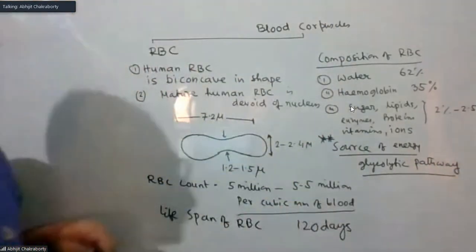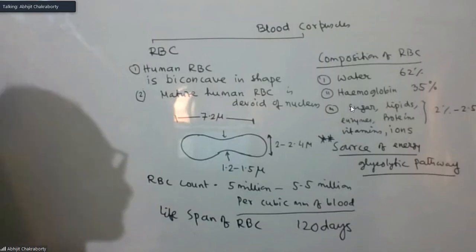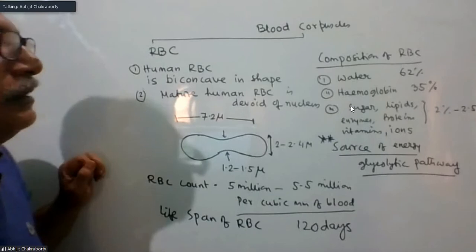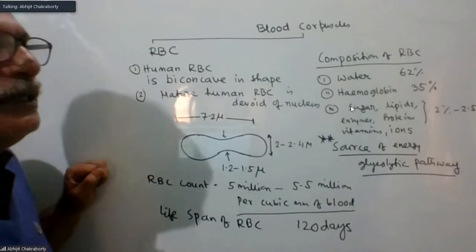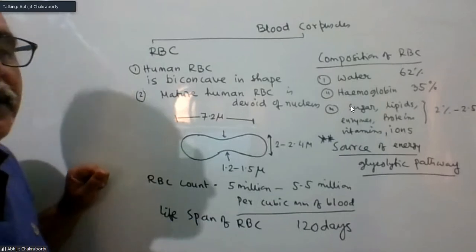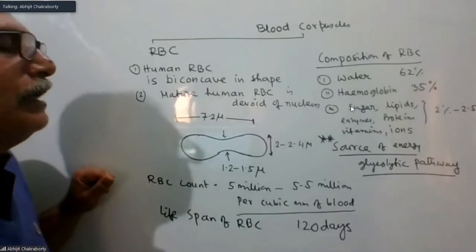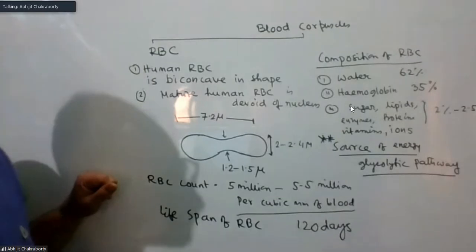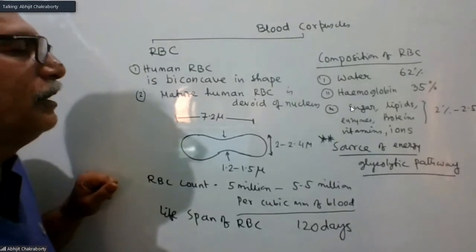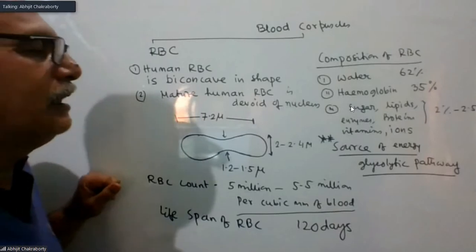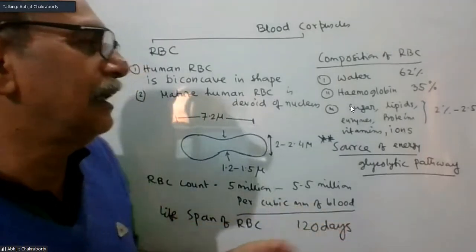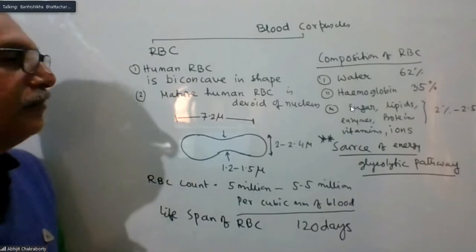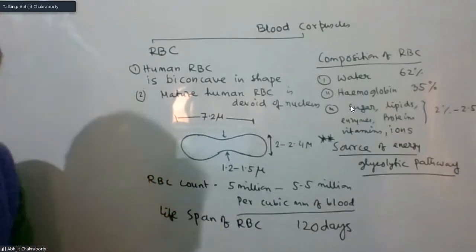The source of energy here is the glycolytic pathway, in which the small amount of energy produced is sufficient for its survival. No Krebs cycle, no terminal oxidation occurs in RBC because RBC is devoid of mitochondria. Clear? Yes, sir. So source of energy is clear.